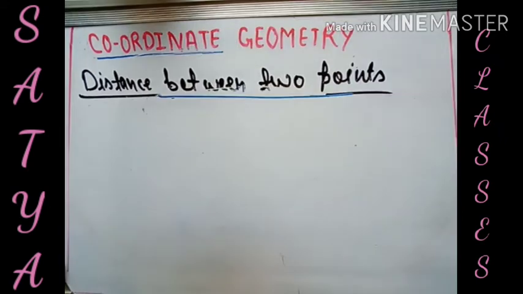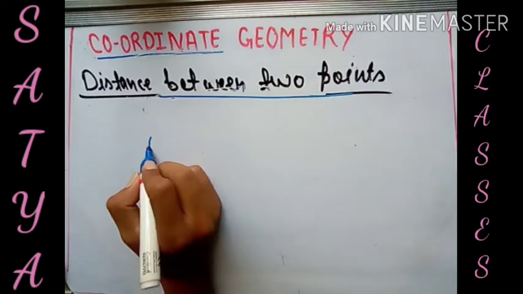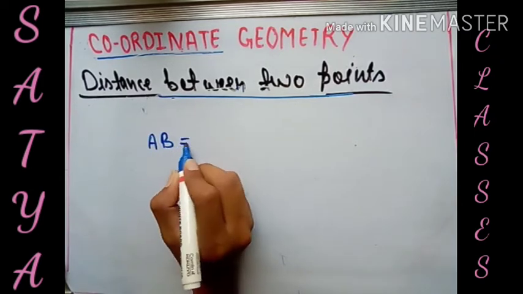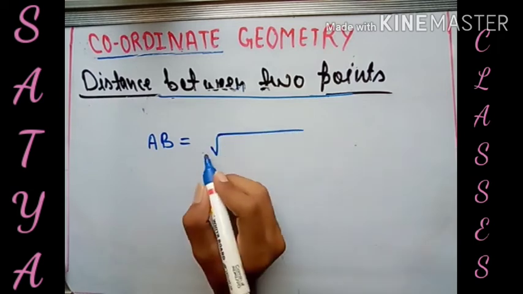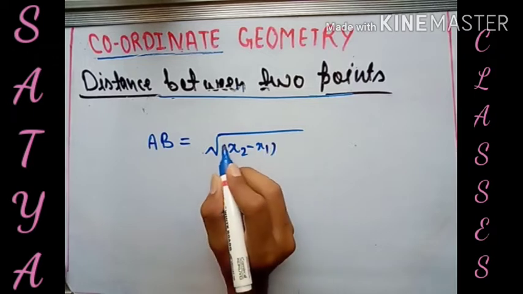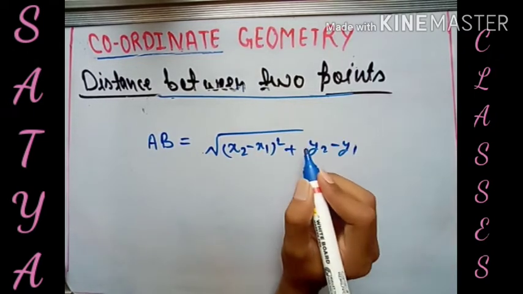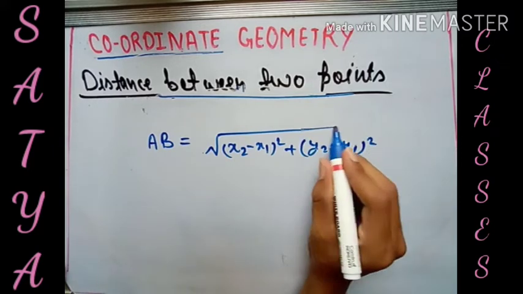Understand? To memorize the formula, let me tell you a trick. So first of all, the formula we have derived is x2 minus x1 whole square plus y2 minus y1 whole square.